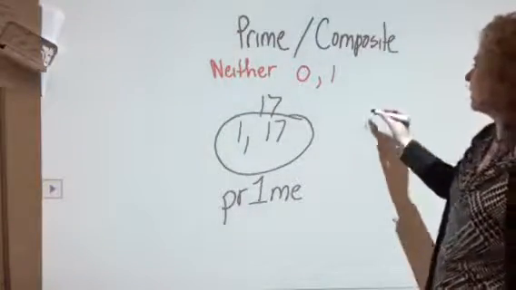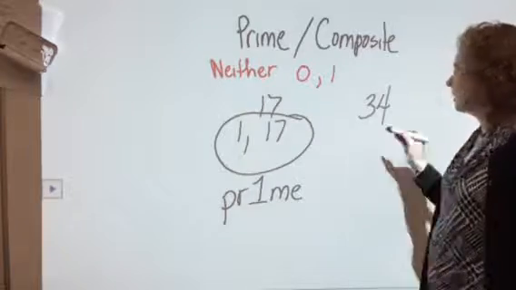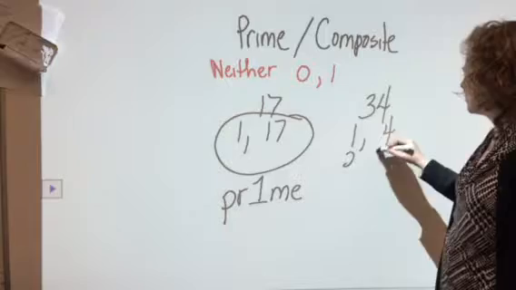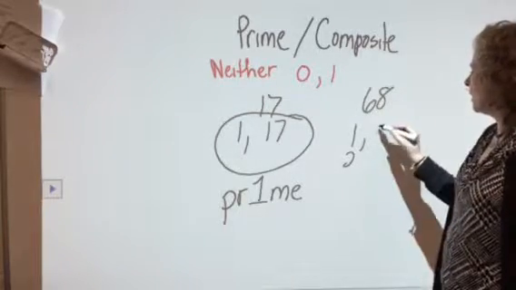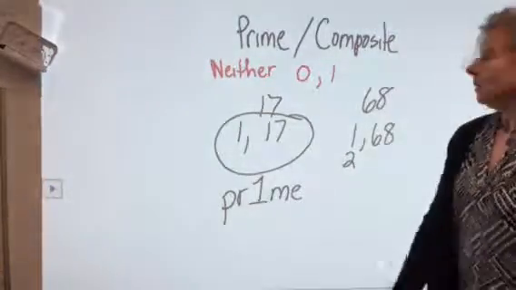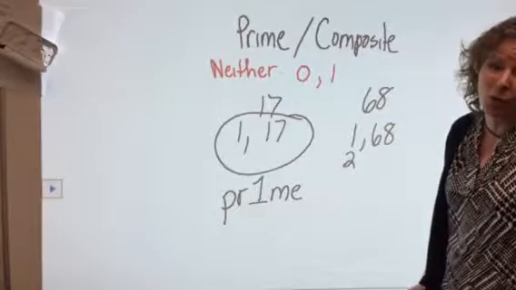Composite numbers, on the other hand, I know that I'm going to start with 1 and 34, and then I'm like, did I just do 34? Let's try a different one. 68. I'll start with 1 and 68, and then I'm like 2 and something. Well, let's see. It's an even number, so I know 2 goes into it.